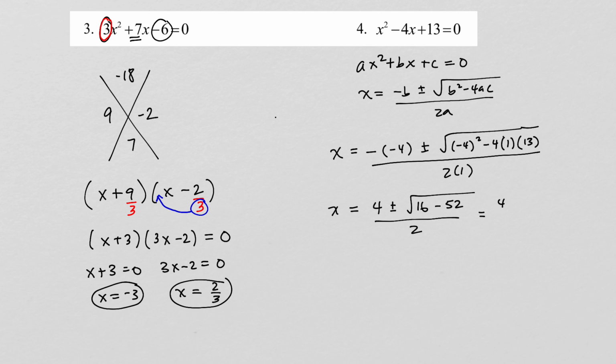Subtracting 16 and 52, we end up there with the square root of negative 36. And remember, the square root of negative 36 is 6i. So we have 4 plus or minus 6i divided by 2, and then dividing each one of those by 2 will give us 2 plus or minus 3i.